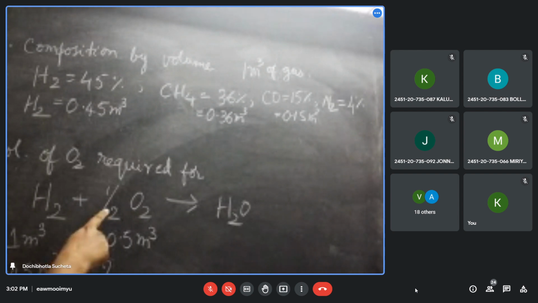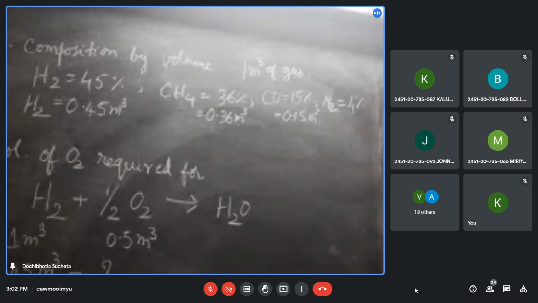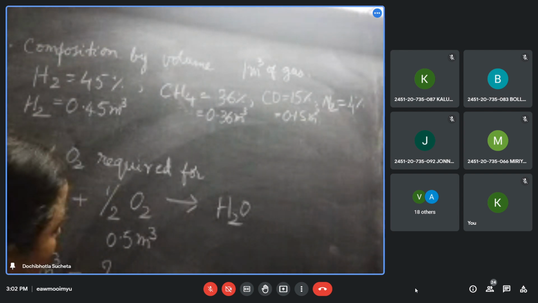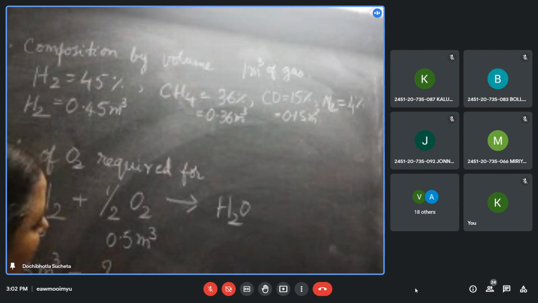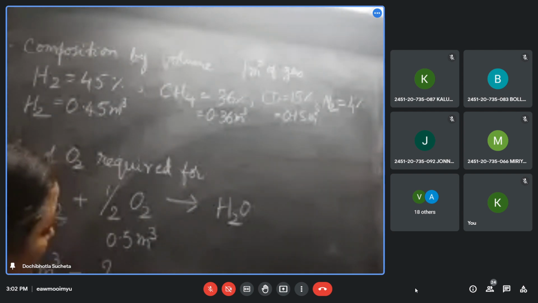For 0.45 meter cube of hydrogen, I require 0.45 into 0.5, which is 0.225 meter cube of O2.